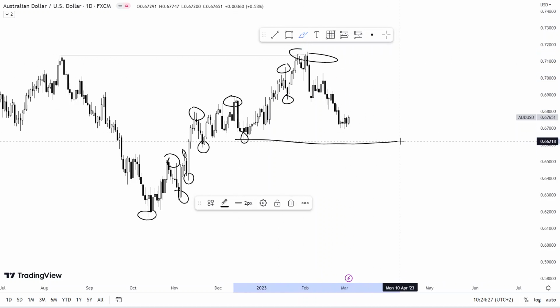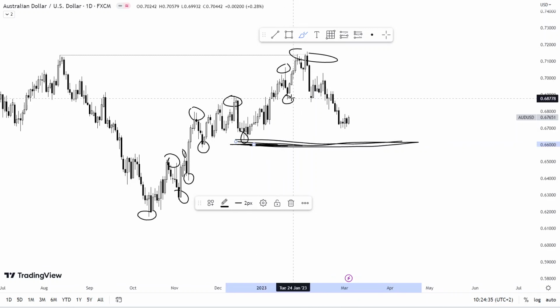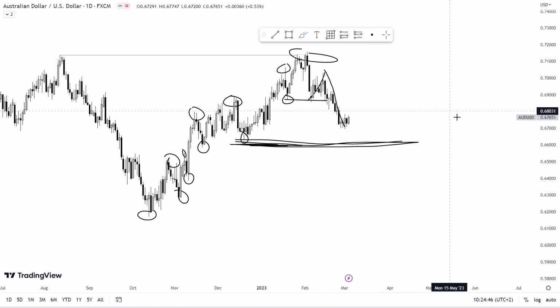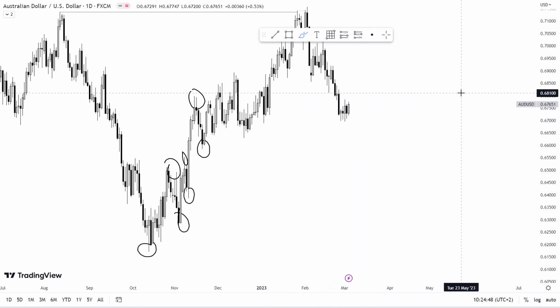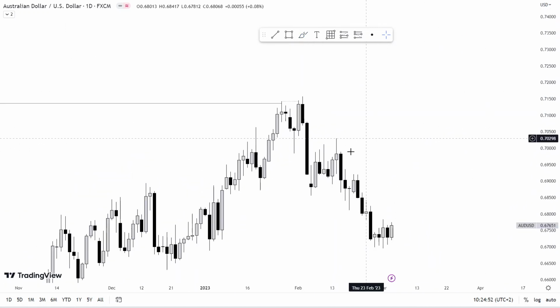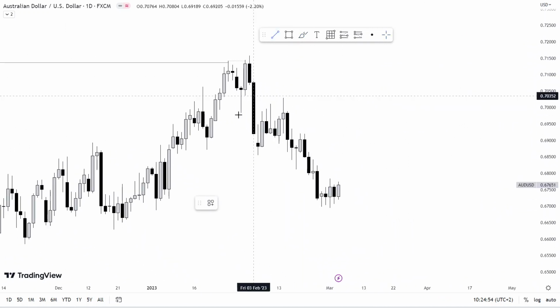So this would be the low that we'd have to break as well here, but we did initially break this one, retracement, and then a sell-off. So let me just quickly zoom in. We had a break of structure right here.